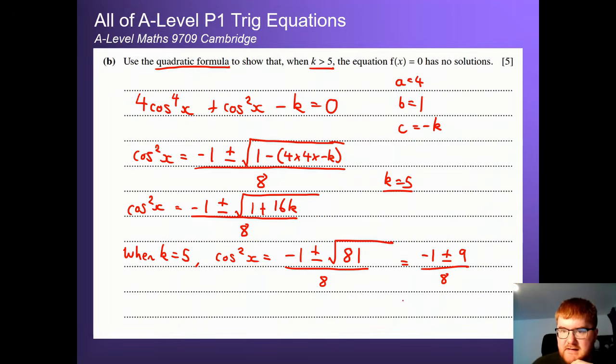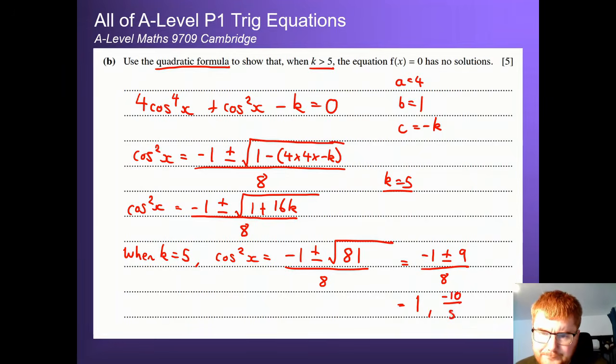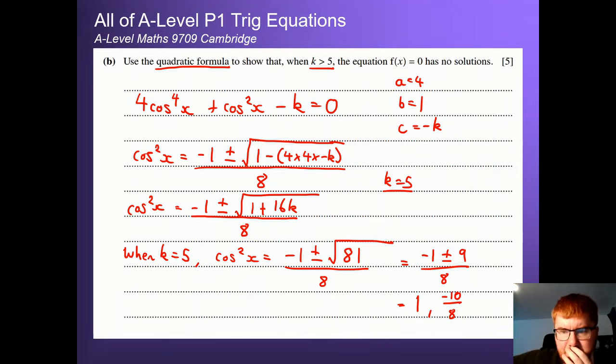So that then gives us the solutions here of minus 1 plus 9, which is equal to 8. 8 divided by 8 is 1, and minus 1 minus 9 is minus 10, and then minus 10 over 8. So we have two possible solutions here.